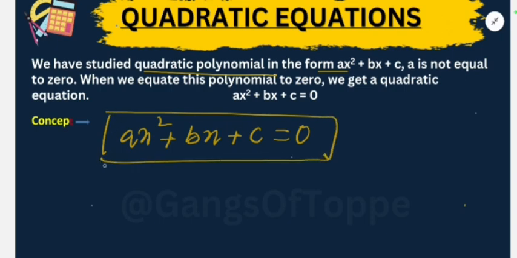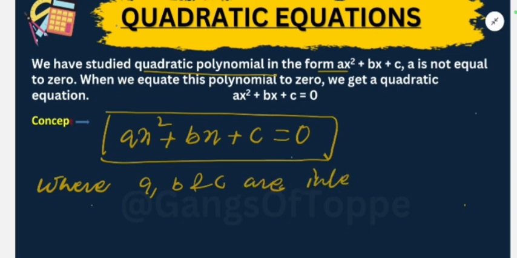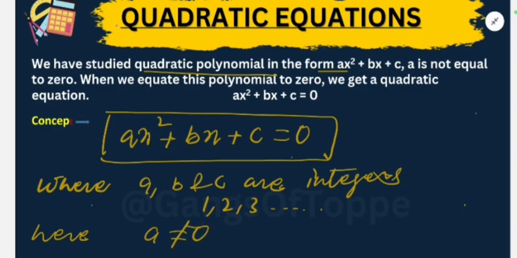So this is the general form of a quadratic equation, where a, b and c are integers, which means a, b, c could be 1, 2, 3 and so on. Another important thing is that a cannot be 0.